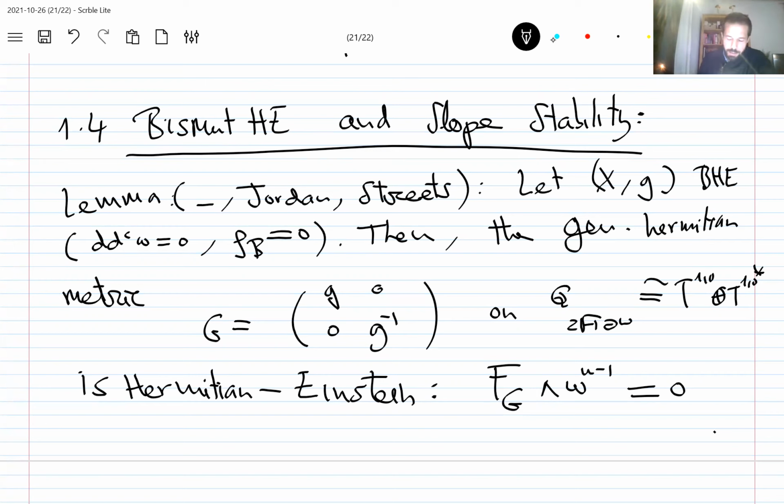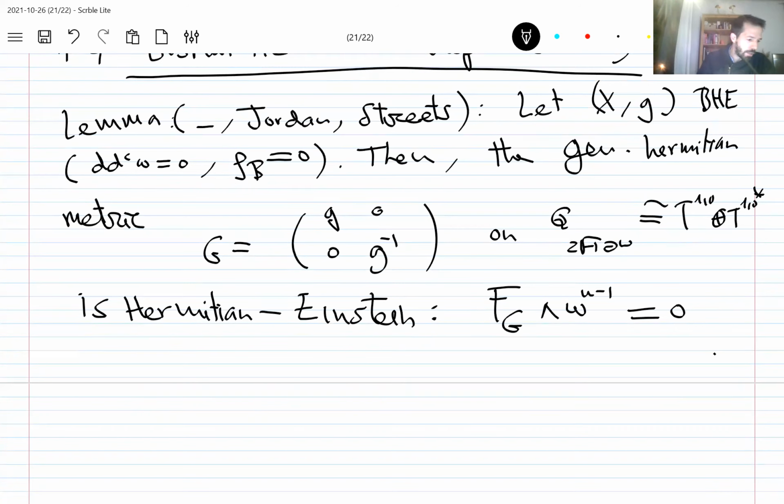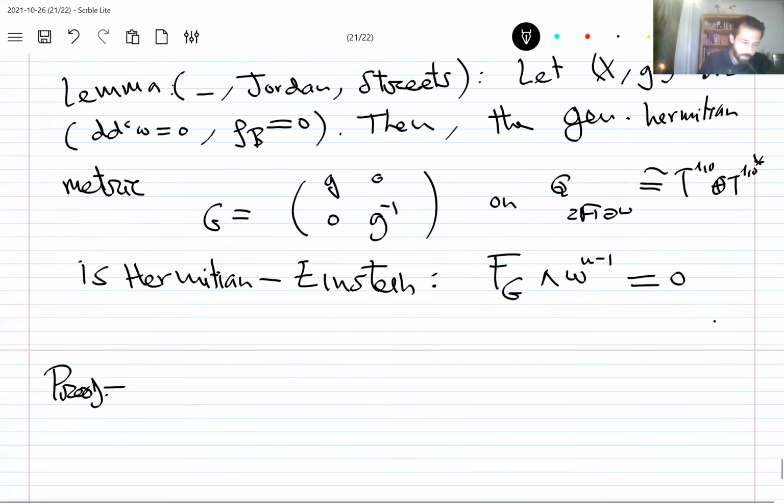And this is the catalyst, the key result for our obstruction that I mentioned at the beginning of my talk, and also essentially the key for the interpretation of pluriclosed flow as some sort of Donaldson flow for Hermite-Einstein metrics. Okay, let me give you the proof because I think it's important. So the proof is very simple.